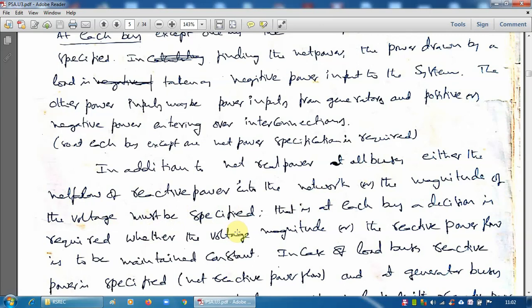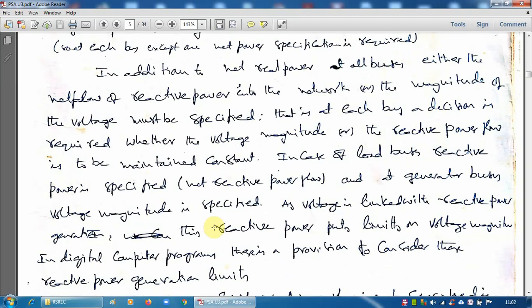At each bus P must be specified or given except one bus, and in addition to this P, either Q or voltage magnitude should also be specified. Like that, these 2 points are to be specified. Based on the Q or V specified, the buses can be named. That we will see later.